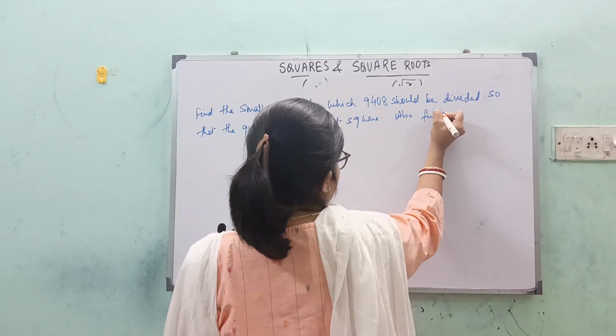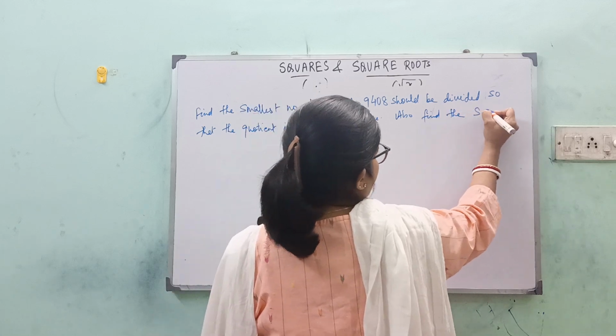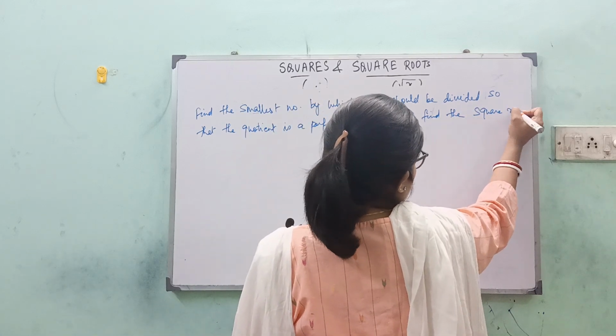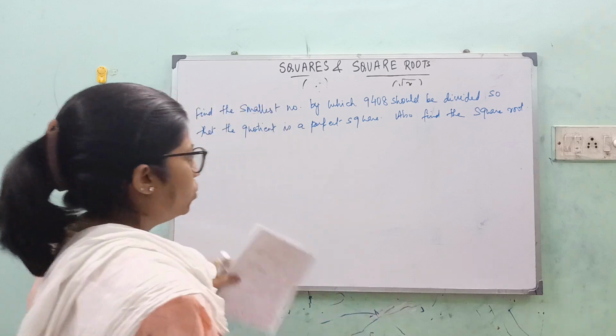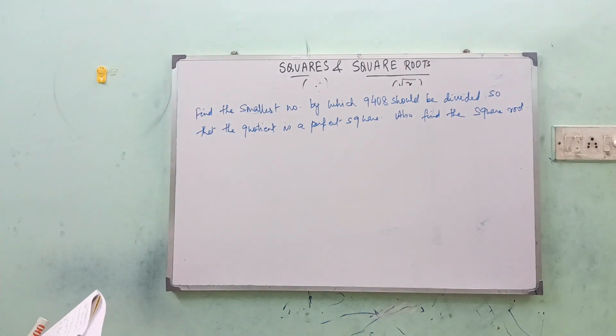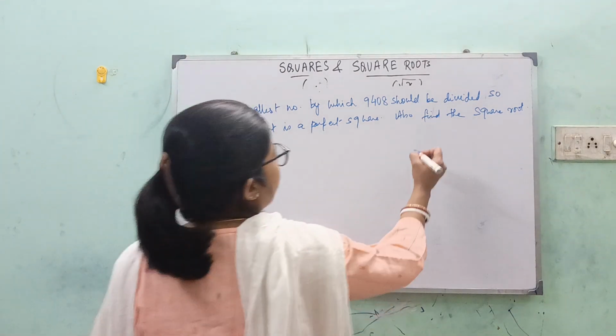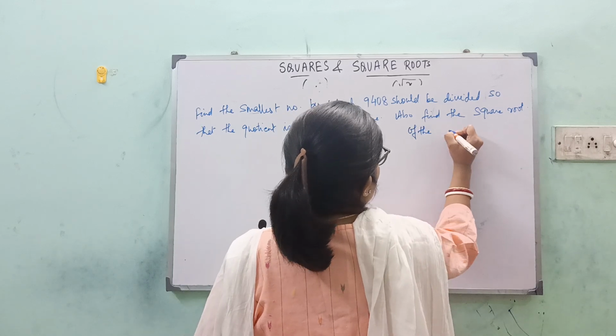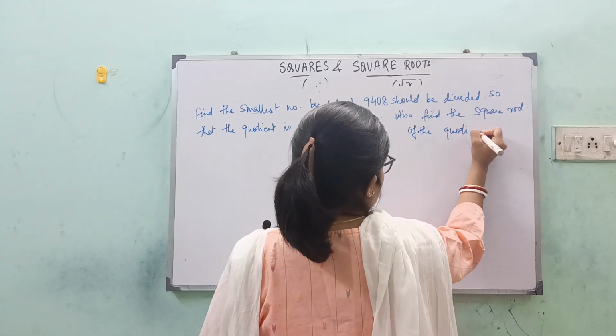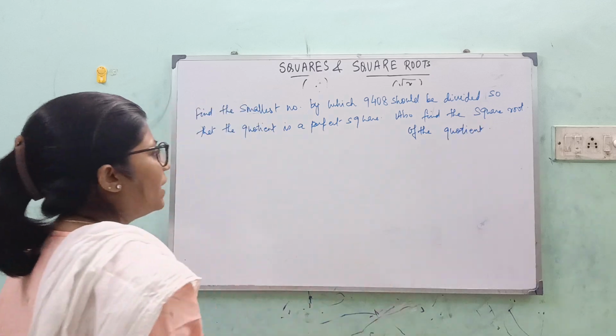Also find the square root. Now what is square root? As and when we do the sum, I will discuss what is square root of the quotient. As we come to this part, I will discuss this part.